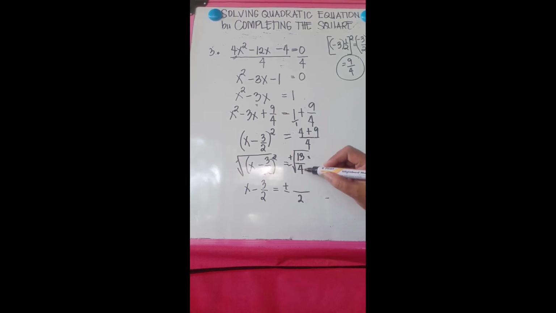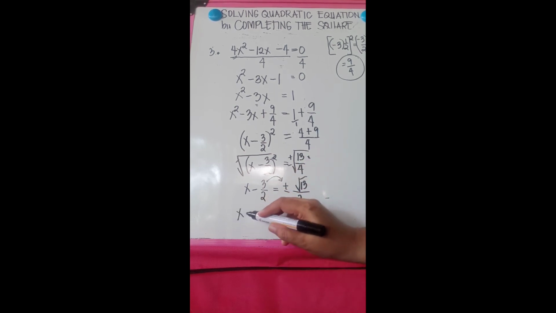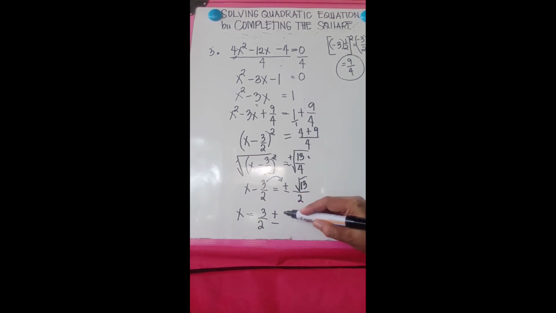Then, ang numerator is square root of 13. Okay. Solve for x. So, ito ilipat lang natin doon. So, we have now x is equal to positive 3 over 2 plus or minus square root of 13 over 2.